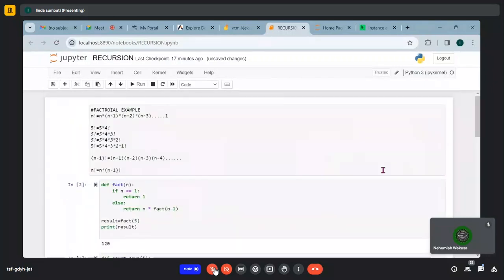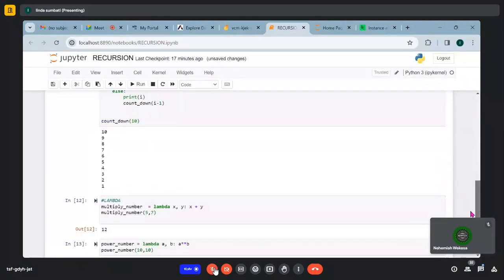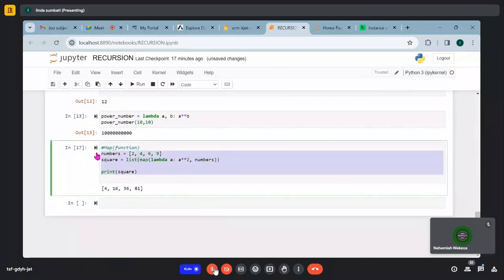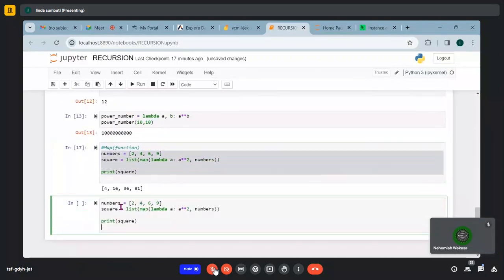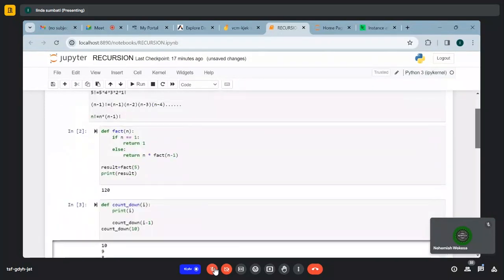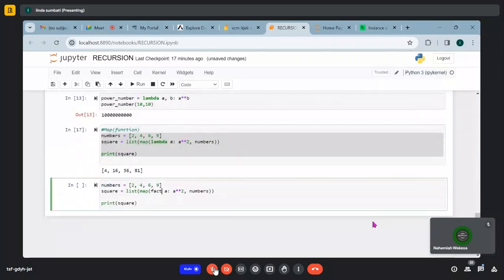The whole of it, cell 17. This one. Cell 17, down. Okay. We're just trying. Okay, this one. Just copy it, paste it in the next cell. Mm-hmm. And that will replace lambda a to a power 2 with the fact. But now this means you'll have to define a function. No, that's why I've picked what we have already defined up there. Oh, so okay, yeah, true. Was it just delete a to power.